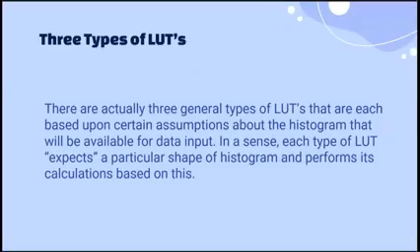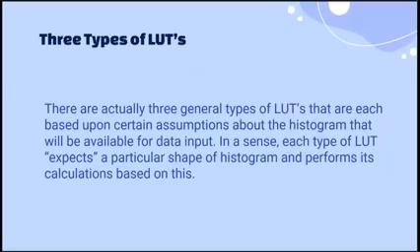So we have three types of LUTs. Again, we are not going to use the table format anymore. We are going to use the graph so that it is easier to understand. There are actually three general types of LUTs that are each based upon certain assumptions about the histogram that will be available for data input.